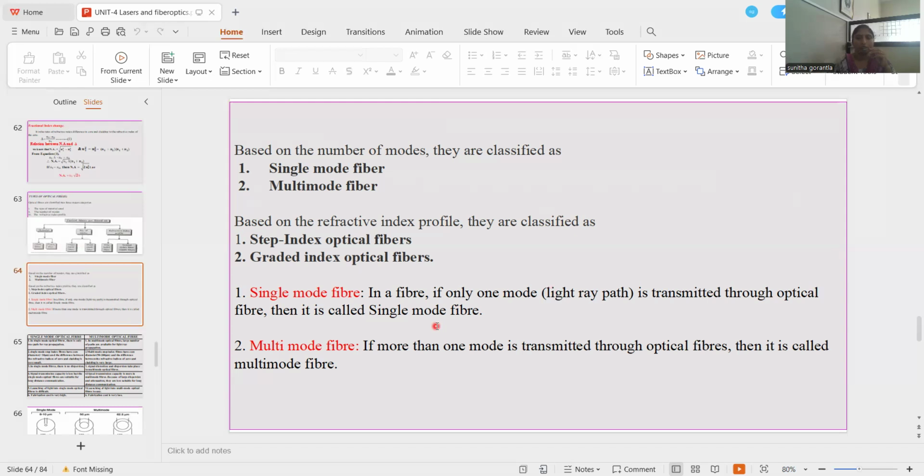If a single mode of propagation is possible, it is single mode optical fiber. If more than one mode of propagation is possible, that is called multimode optical fiber.